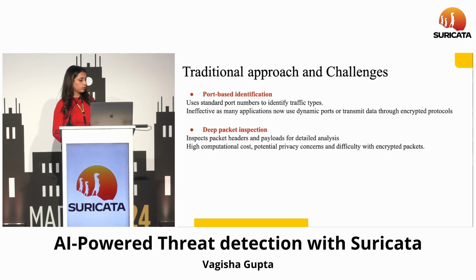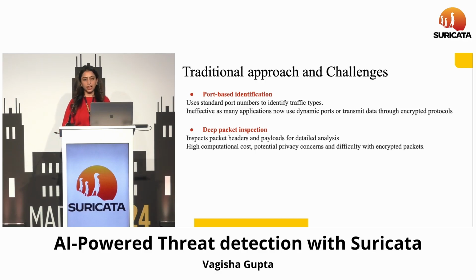How does the traditional approach to classifying network traffic work, and what are the challenges? First is port-based identification. It uses standard port numbers to identify traffic types. It can be ineffective as many applications now use dynamic ports and encrypted protocols.